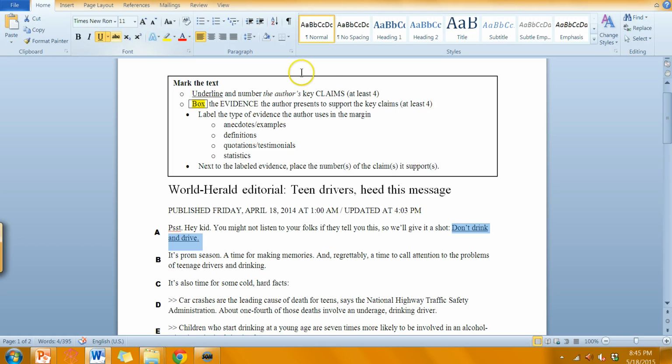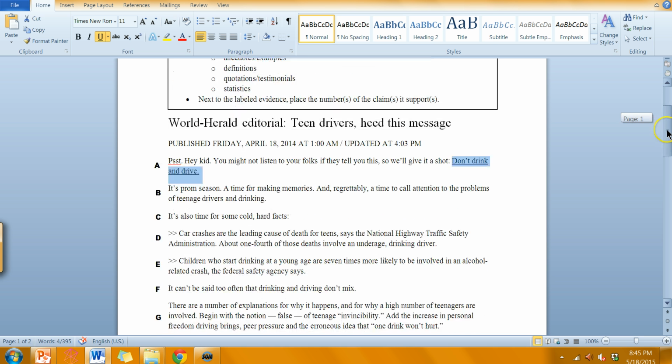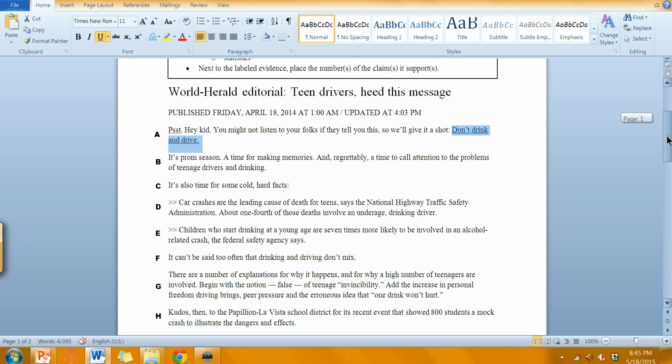Okay. Notice up here it says that you want to number the author's key claims. So just for sake of ease, pretend you've got a number 1 there because that's going to be our key claim. Next up, we've got "It's prom season, a time for making memories, and regrettably, a time to call attention to the problems of teenage drivers and drinking." Okay. In this particular paragraph, we definitely see a claim right here.